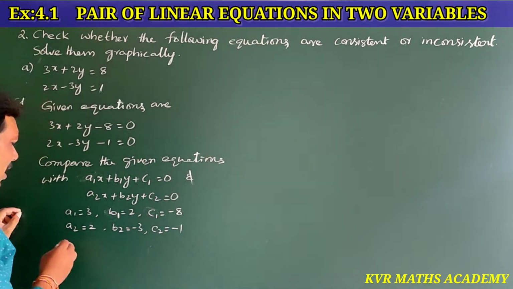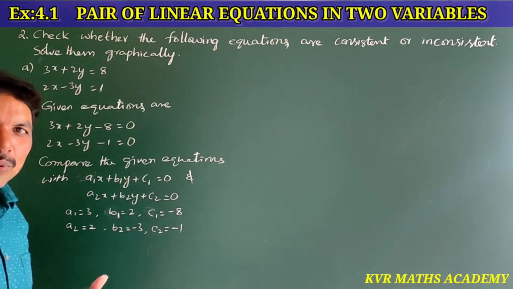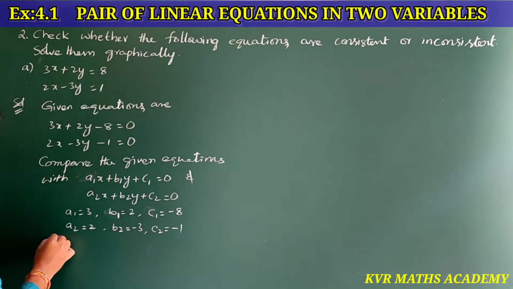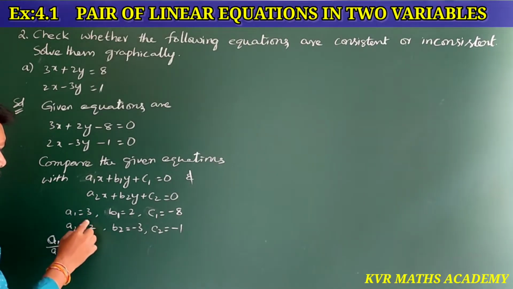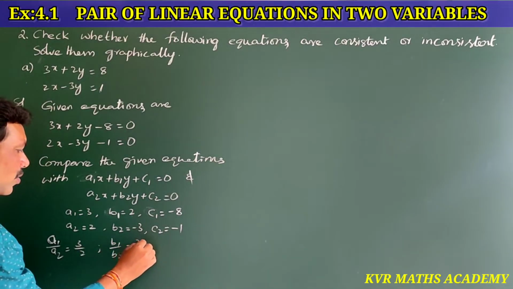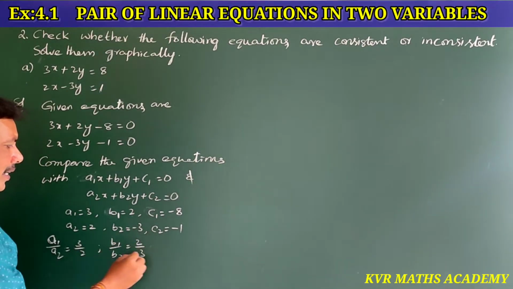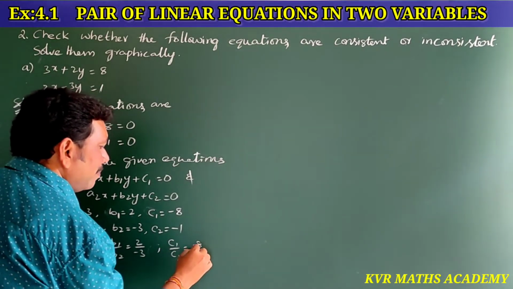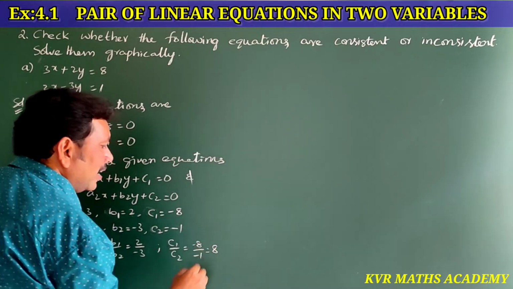Now let us find the ratios a1 by a2, b1 by b2 and c1 by c2, right? a1 by a2 is equal to 3 by 2. Next b1 by b2 is equal to 2 by minus 3 and c1 by c2 is equal to minus 8 by minus 1, which means 8 only.